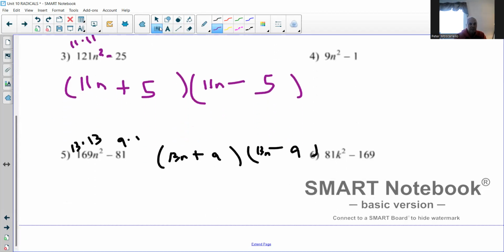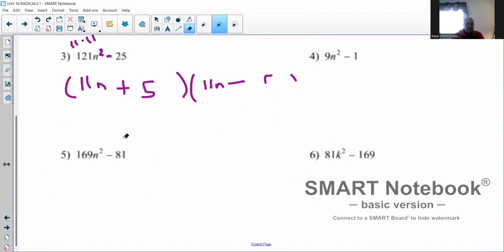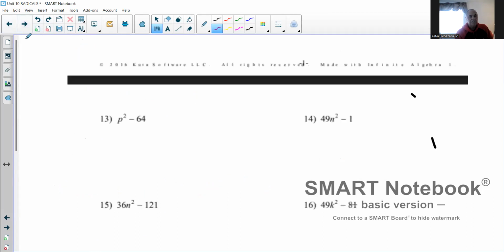Looks like number 5 is already done here. We'll do it again. One plus, 1 minus. 169 is 13 times 13. 13n, 13n. And 9 times 9 is 81. Okay, and so on. Number 6 is 9k plus 13, 9k minus 13.